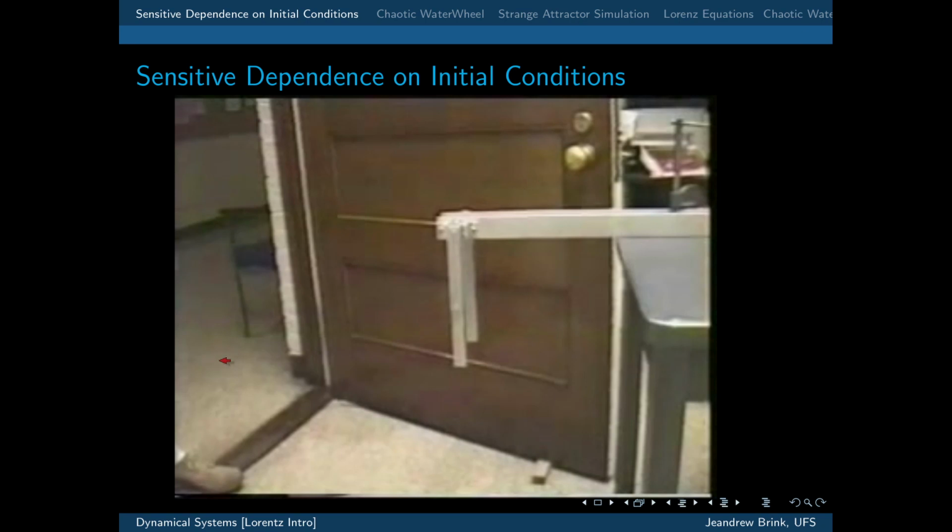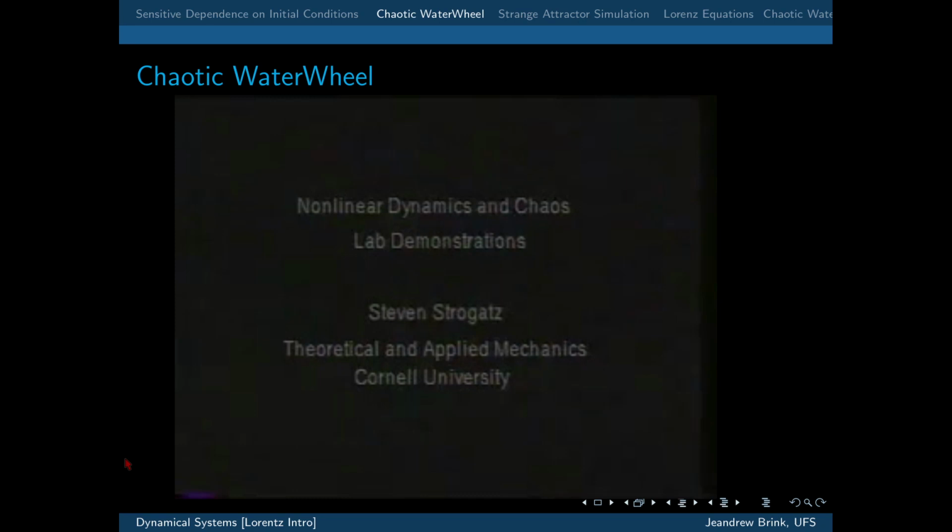Okay, so now what I'm going to do is, I don't want to start it yet. I'm going to show you another video of Strogatz. This has to do with the Lorenz equations. We are not actually going to derive the full Lorenz equations that Lorenz used.